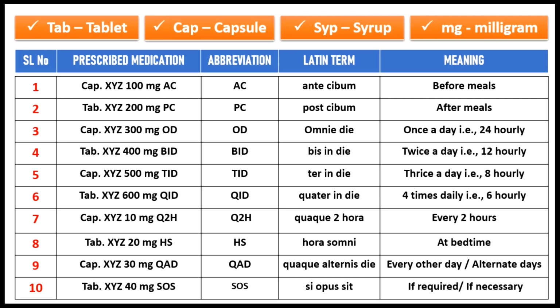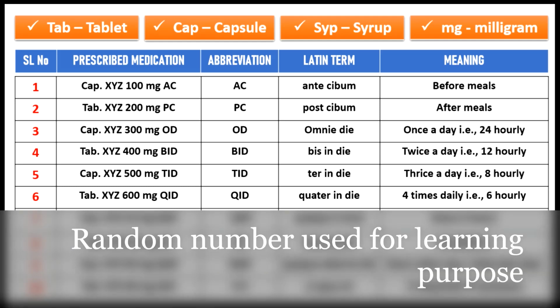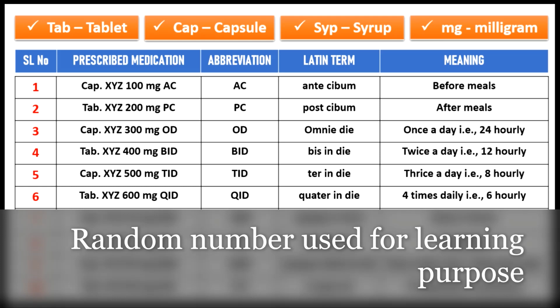So, before we begin learning the details shown in the table, let us be familiar with a few short forms that doctors frequently use in their prescriptions, such as TAB for tablets, CAP for capsules, SYP for syrup, mg for milligram, which is the power or the strength of a medicine or a drug.